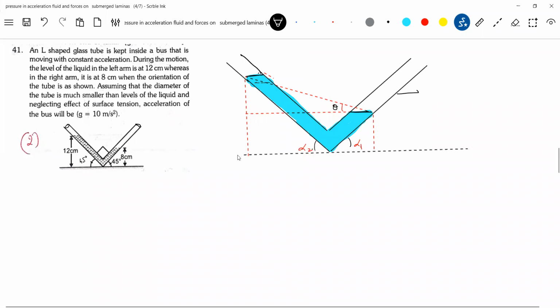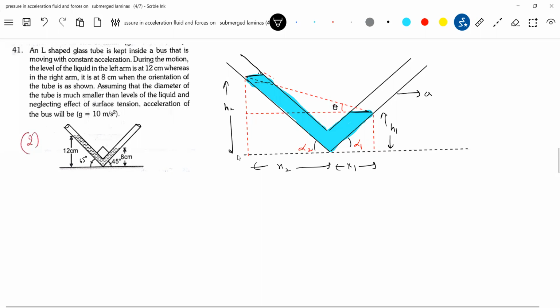So it should accelerate like this. And these levels are given: H1, this H2. If this is H2, so what can be this? This will be this length, tan alpha 2. So call this X2. This is X1.